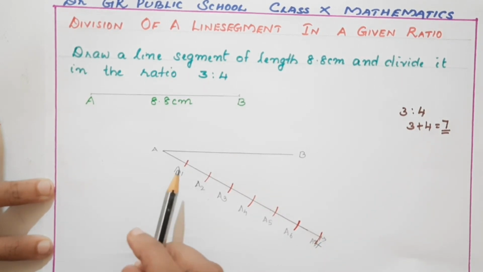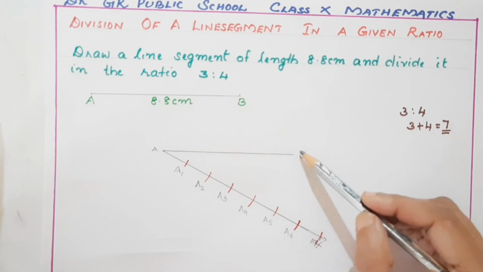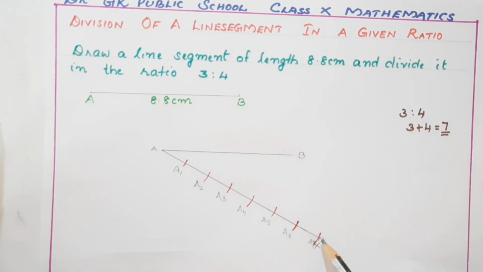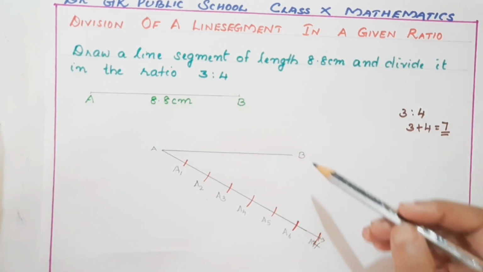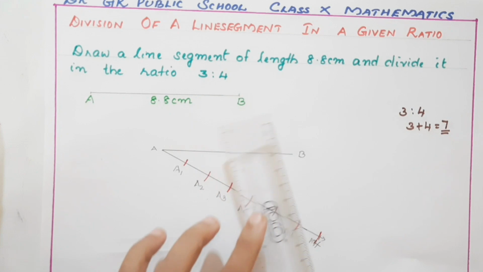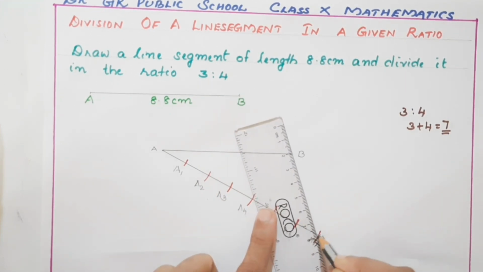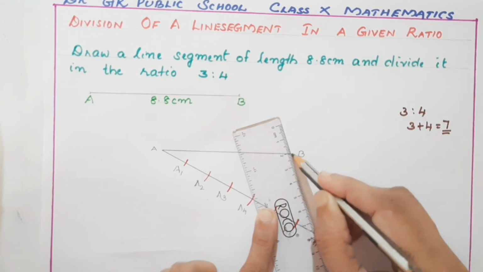Okay, now we have to join this end point B and this A7. We have to join B and A7. Join this end point, this A7 and this end point.